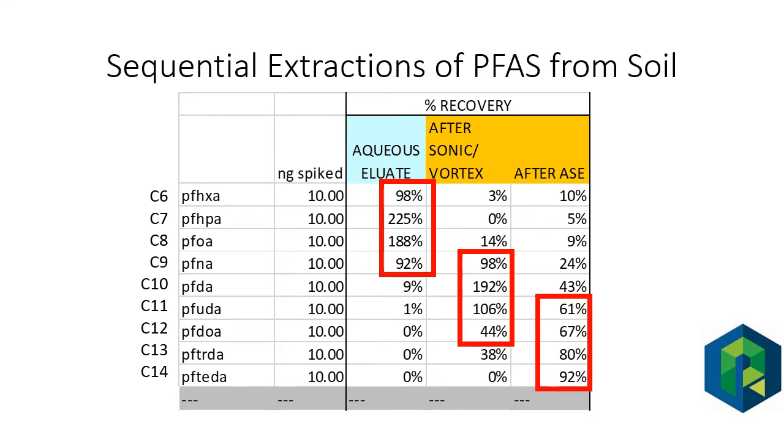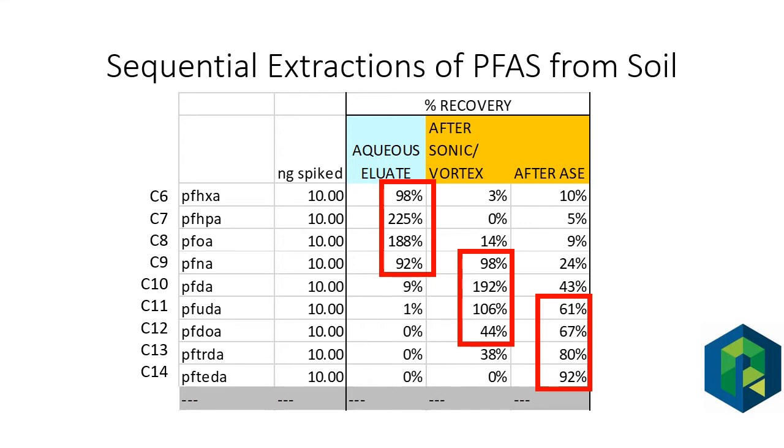And so let's look at the result after sonication of the soil in methanol. We see we have low yields of C6 to C8 acids because almost all of those eluted with the aqueous eluate. And we see in the red box in the middle column, we have very high yields of C9 to C11 PFAS acids.